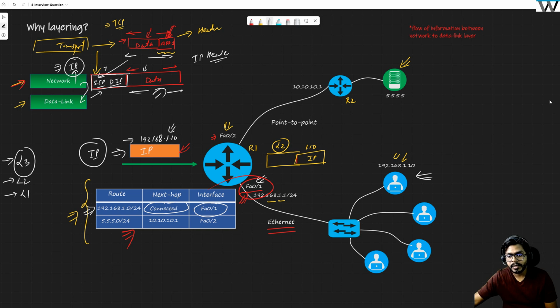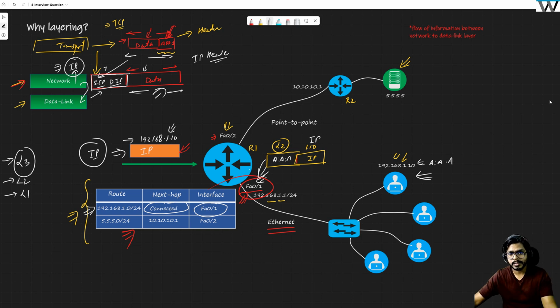And suppose the MAC address of this guy, 192.168.1.10, is A:(A:)A. This is the responsibility of the router, that before putting this IP packet into this layer, because Ethernet doesn't understand IP, right? Ethernet understands MAC addresses, and that is why you are going to put this A:(A:)A here, and you are going to put this packet now into FA0/1.